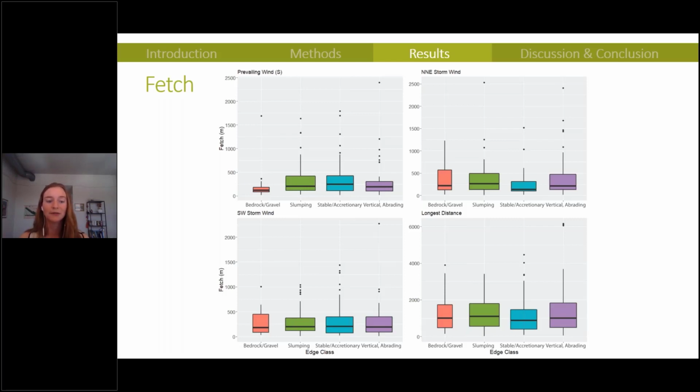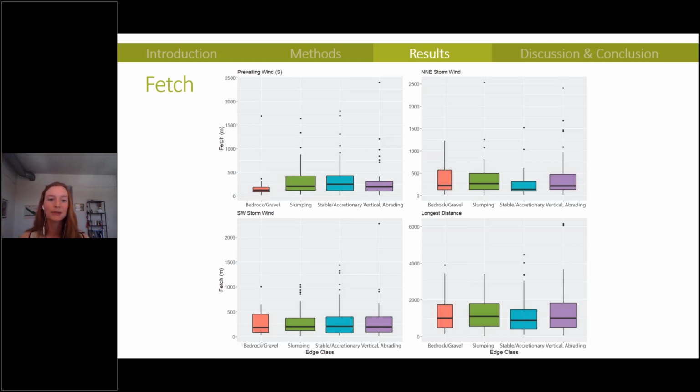And if fetch, as a proxy of wave energy, is a big factor in the edges that are eroding, you'd expect these box and whisker plots to be significantly different than the stable or accretionary edges, but you don't really see that. You don't see any trends with fetch for the type of edge class. So the main takeaway here is that we see no trends, which is really interesting and unexpected.